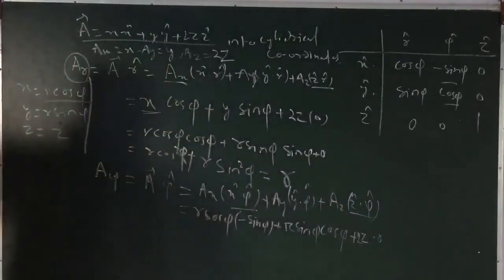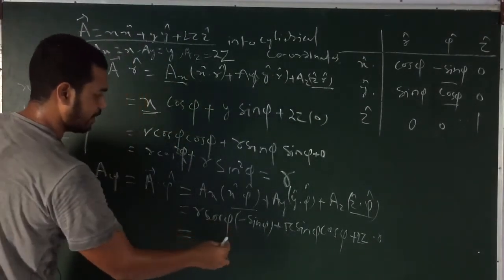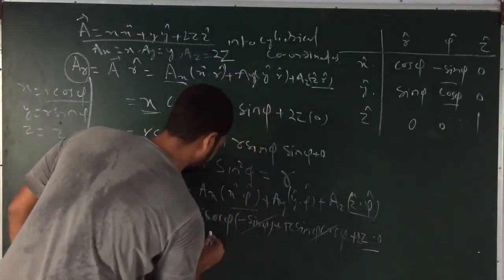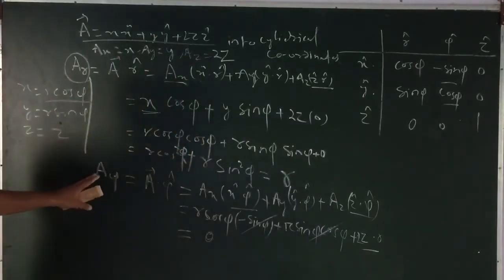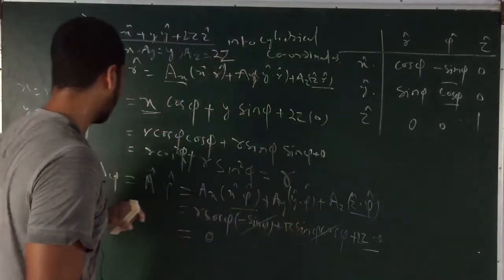So from here, what will you get? r cos phi times minus sin phi plus r sin phi cos phi, and this into 0. So the total result is 0. So your A phi, which is the component along phi cap direction in cylindrical coordinates, is 0.